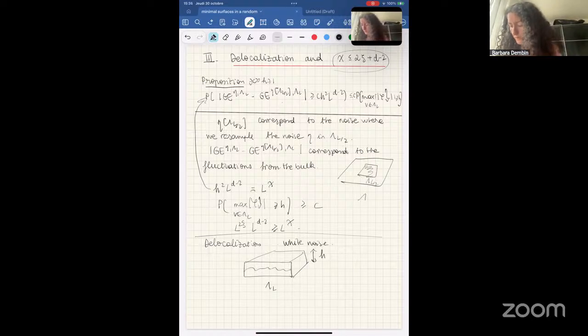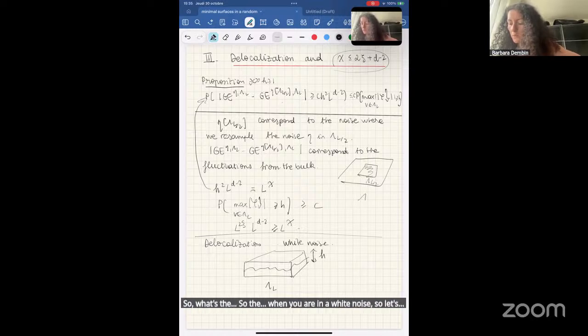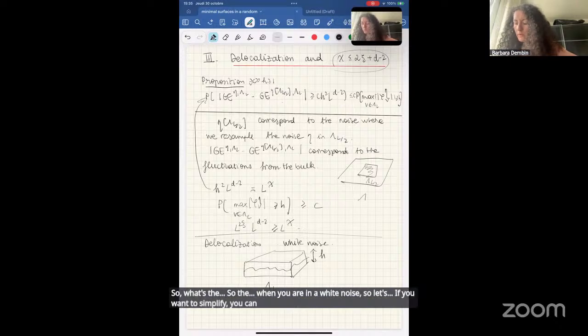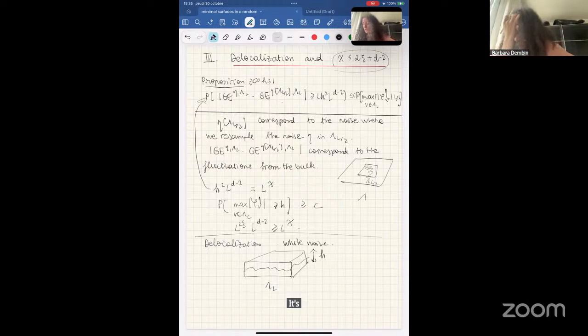So your surface. Okay. When you are in a white noise, if you want to simplify, you can think of a discrete setting, the first passage percolation model. It's good enough for intuition.